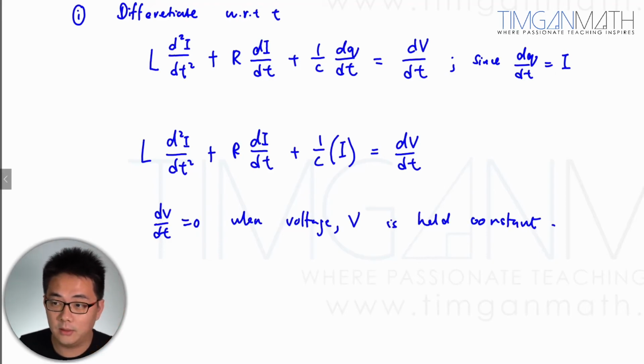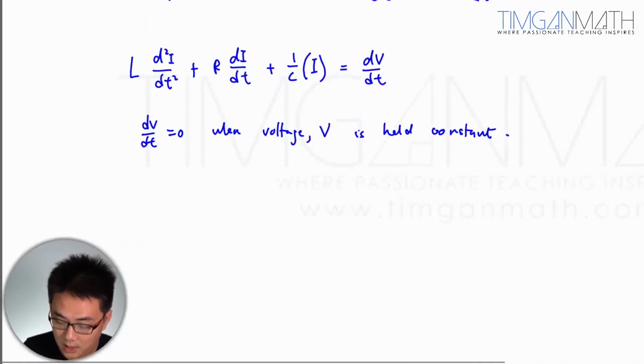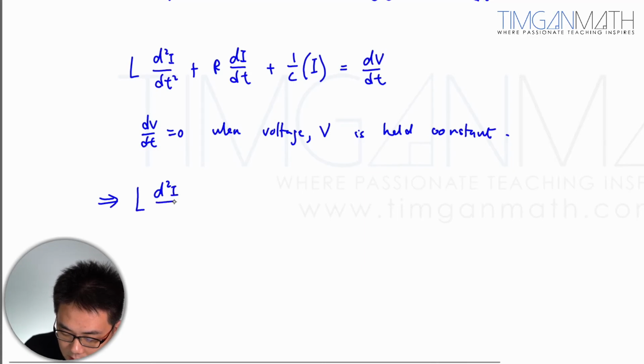Hence this will just be L d squared I over dt squared plus R dI over dt plus I over C equals 0.